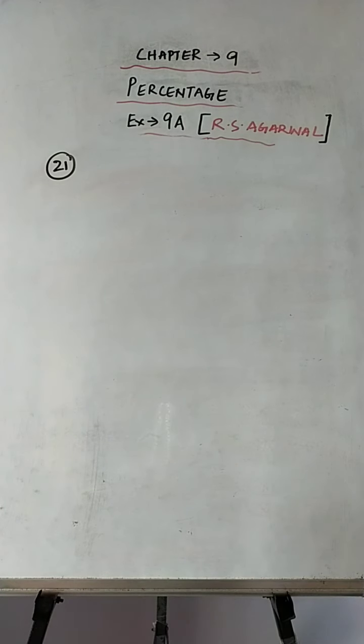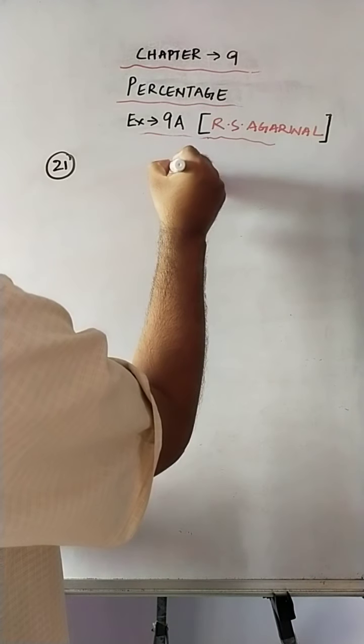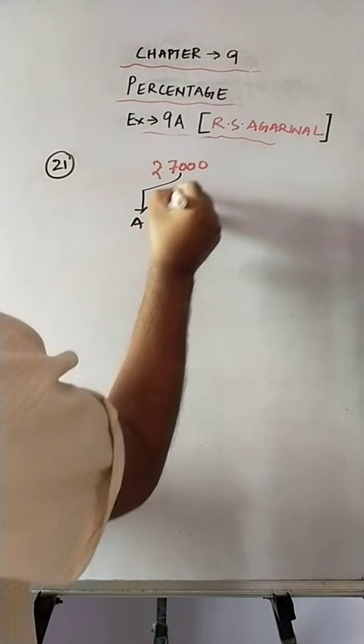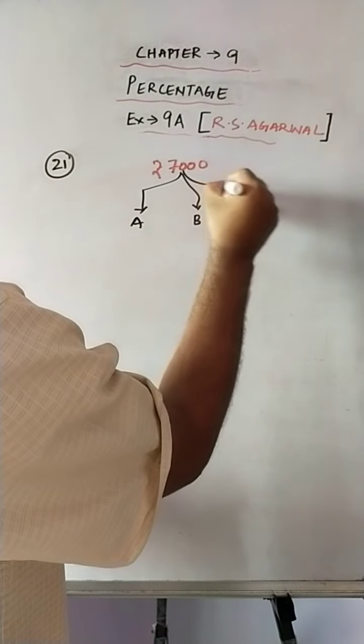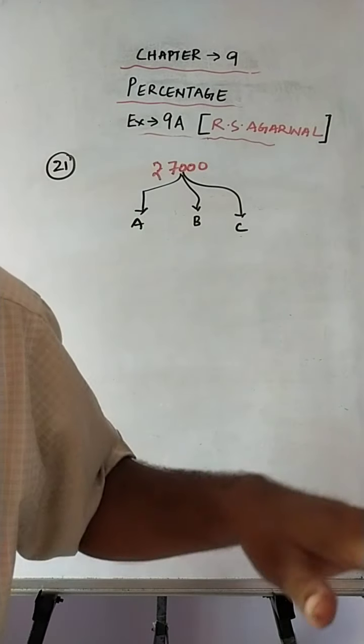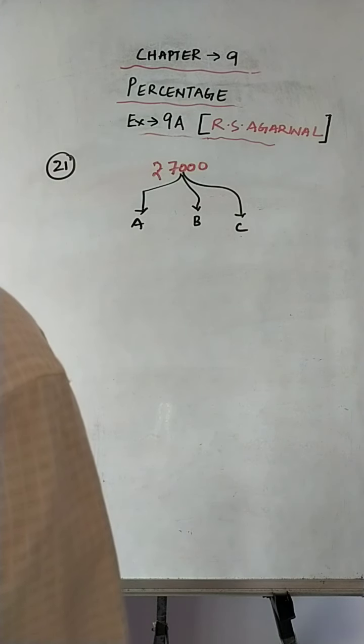Now in question number 21, it is said that divide rupees 7,000 among A, B and C. This amount of rupees 7,000 is given, and you have to divide it among A, B and C. But how you have to divide is given in the next part of the question, that is, such that A gets 50% of what B gets and B gets 50% of what C gets.